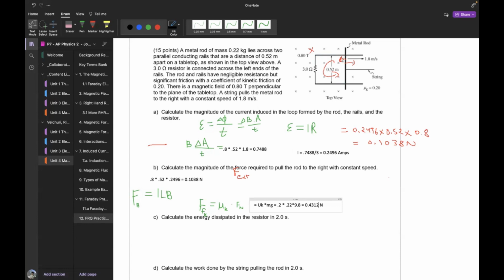Point your fingers in the direction of current and curl them towards the magnetic field. So point right hand fingers straight up. If I move them away from me, the thumb points left hand side. Okay, yeah, I get it.